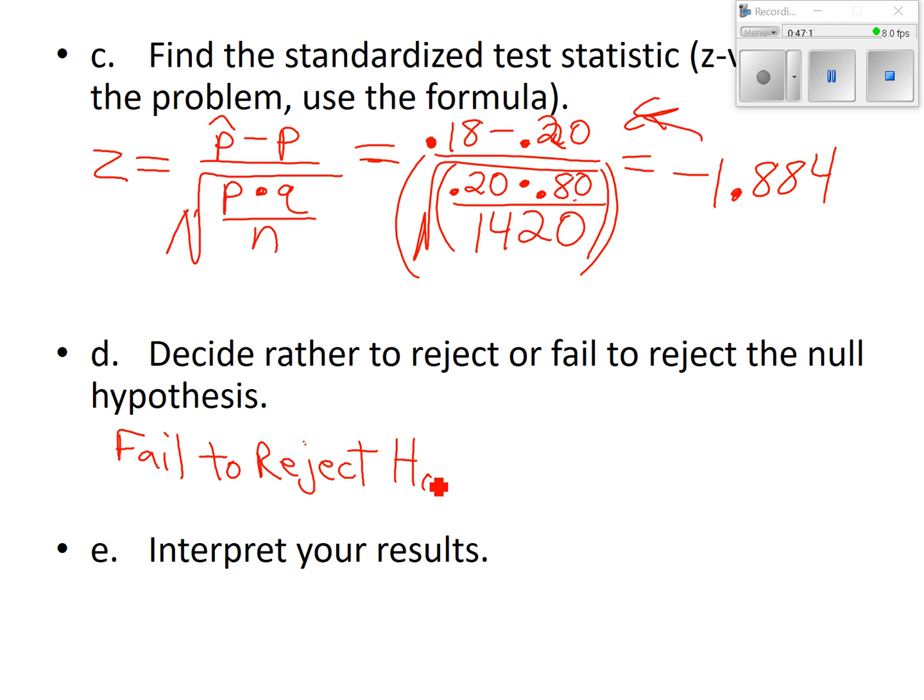So with a 2% level of significance, there is not enough evidence to support the claim that over 20% of U.S. adults do not have health care.